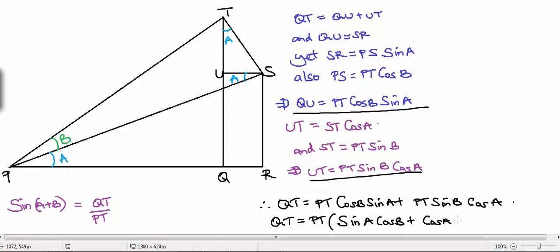And once you replace for QT, where we are having sine A plus B, you'll obtain our first compound angle for sine A plus B, which is equal to sine A cos B plus cos A sine B.